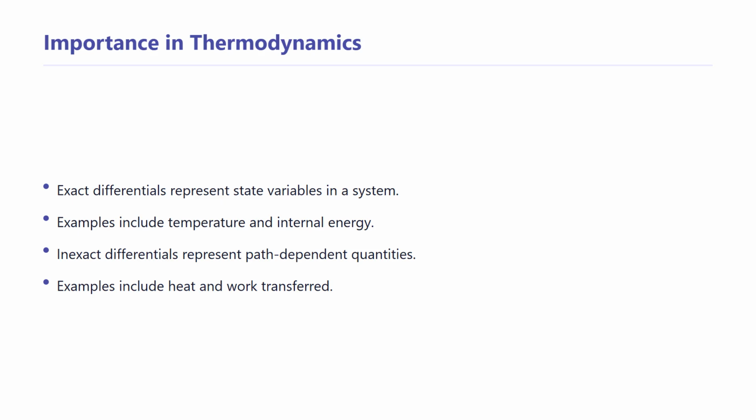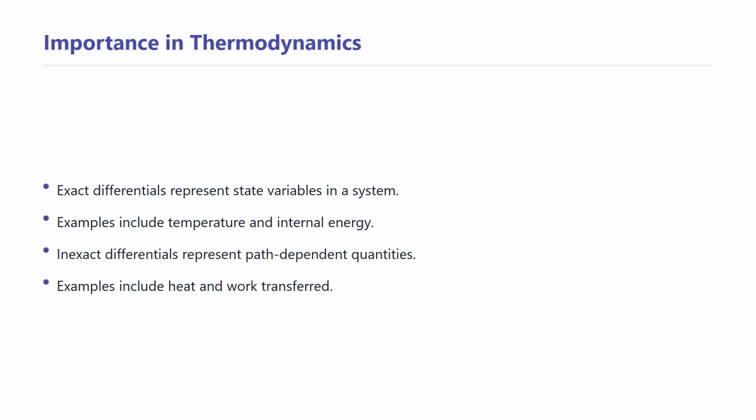This concept is just as crucial in thermodynamics. Here, exact differentials represent state variables, such as temperature or internal energy, which depend only on the current state of the system. On the other hand, inexact differentials represent path-dependent quantities, like heat and work.